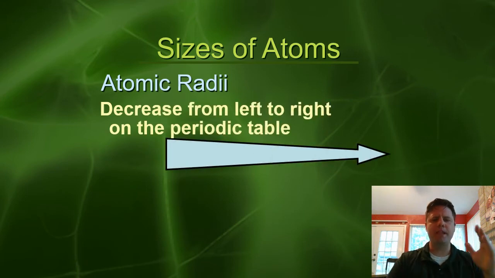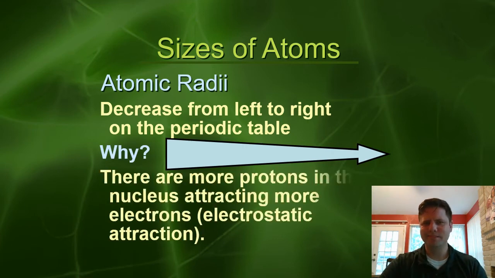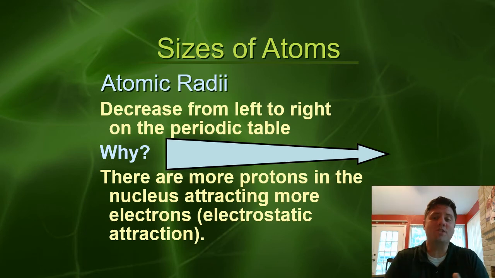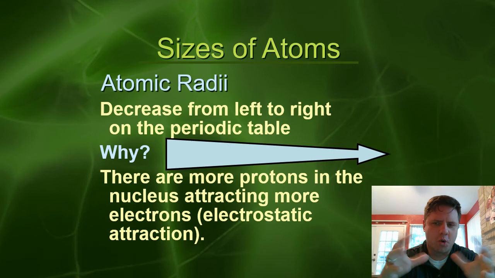But as we move from left to right across the periodic table, there is a decrease in the size of the atomic radii. Why? Because just as you're adding electrons, you're also adding protons. And because there are more protons in the nucleus, it is trying to pull those electrons closer towards itself.